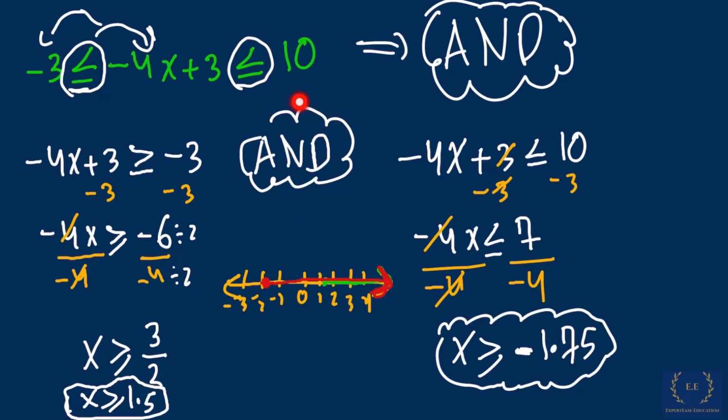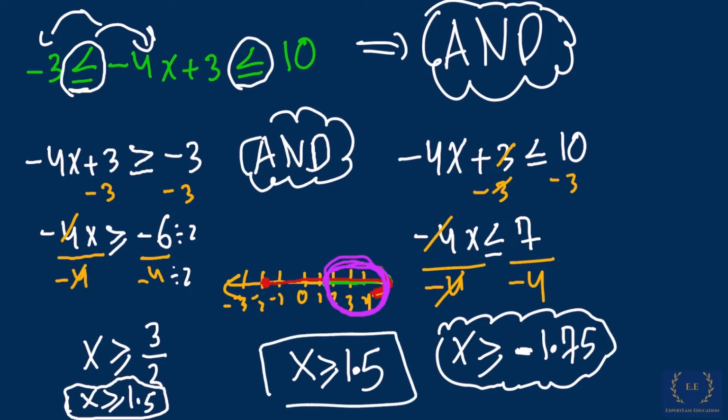Since it's an AND condition, I should satisfy the first one and the second one, correct? So in this current case, the following conditions are satisfied at this current part, where they intersect with each other. And where do they intersect with each other? At the point of x more than or equal to 1.5, right?